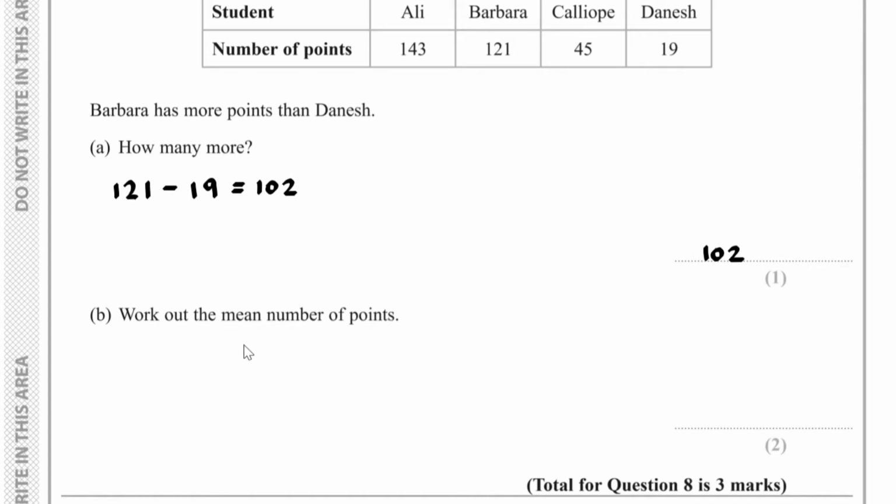Next, we have to work out the mean number of points. Well, to work out the mean number of points, we need to add the number of points together. And then, with this, we would have to divide this by 4.